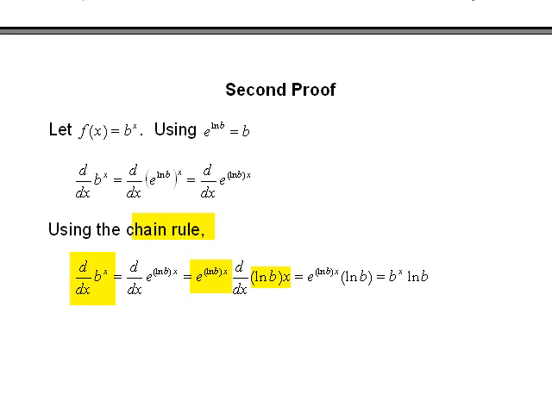Natural log b is just a number, and the derivative with respect to x of x is 1. So this is my result, and I remember that e to the natural log b raised to the x is just b to the x, and there's my answer. So we had a simple rule that will be very useful, but it took 3 steps to prove it, including the chain rule.